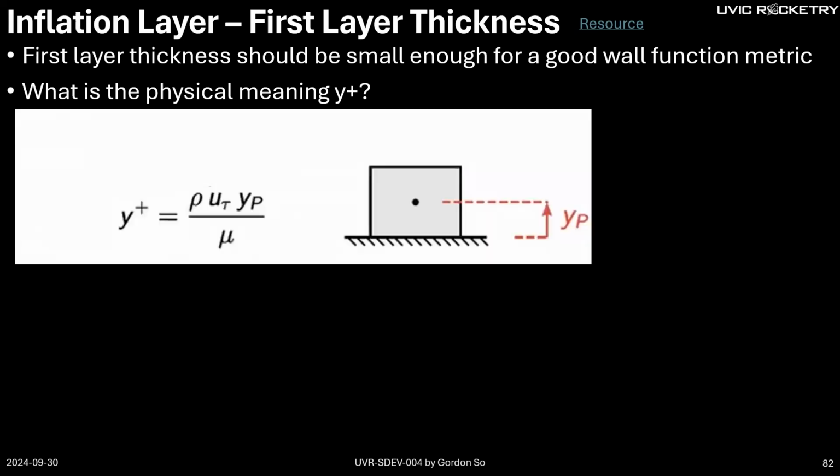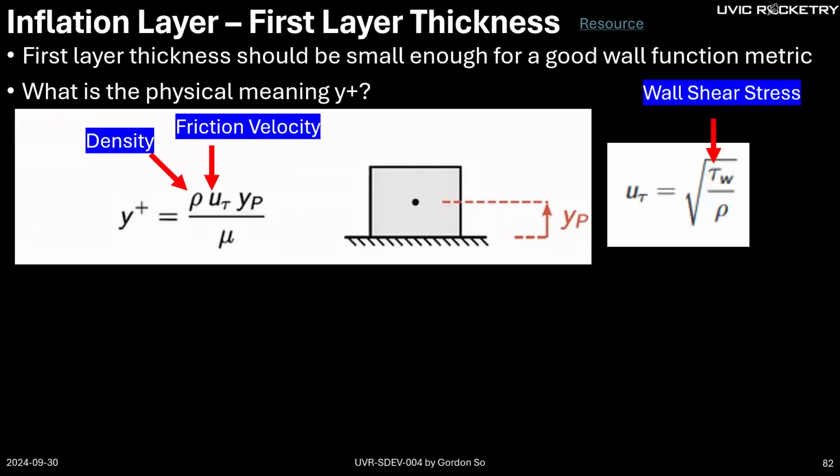If we look at one single cell, we take the midpoint, and the distance from the midpoint to the actual wall we call YP, just a random name here. And then this equation basically relates density, your friction velocity, which is given by this equation from your wall shear stress, and finally the viscosity of your flow.